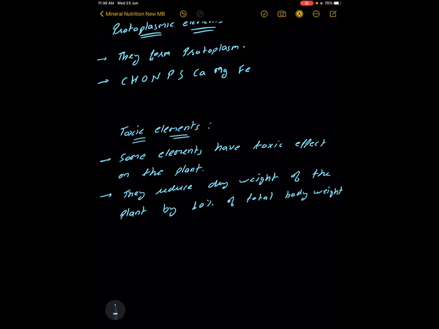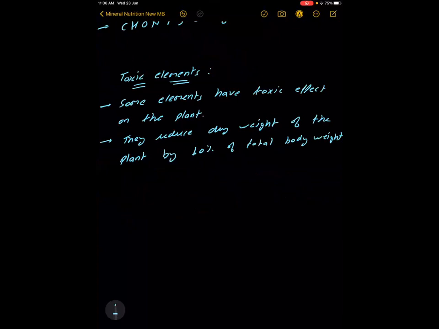Total body weight here means total dry weight of the body. Water is not included. So these elements are toxic.